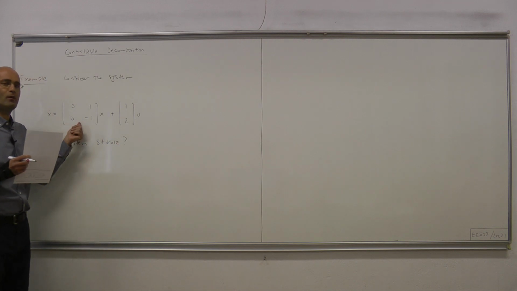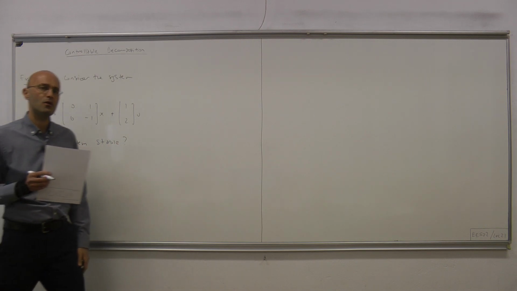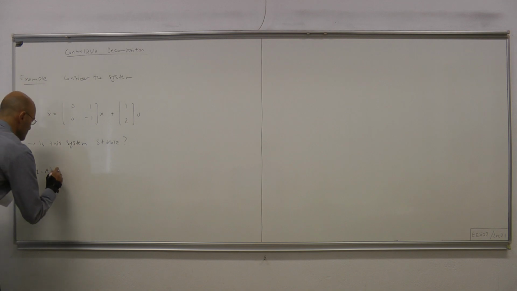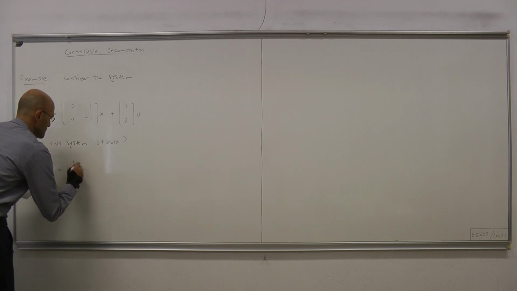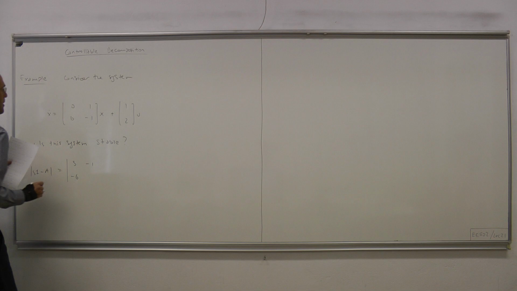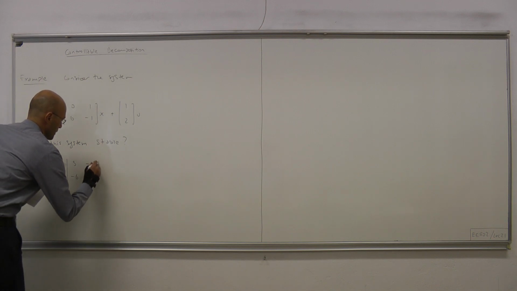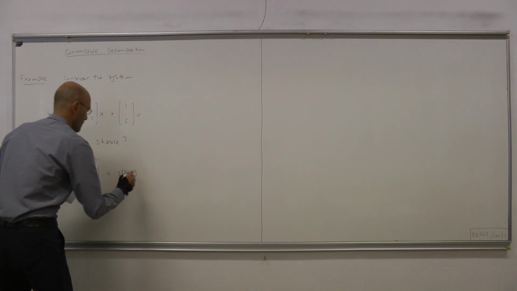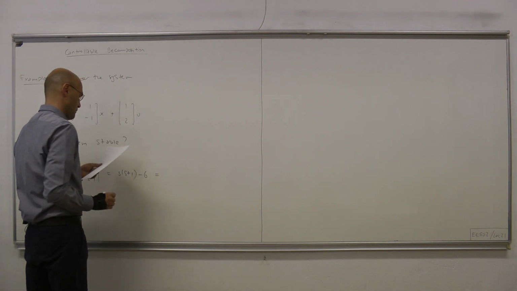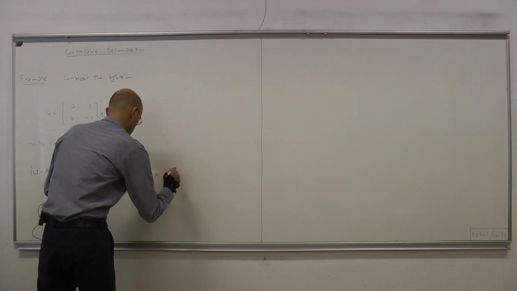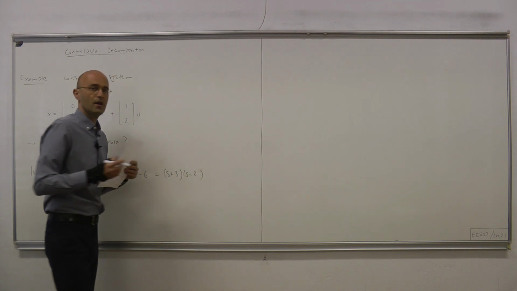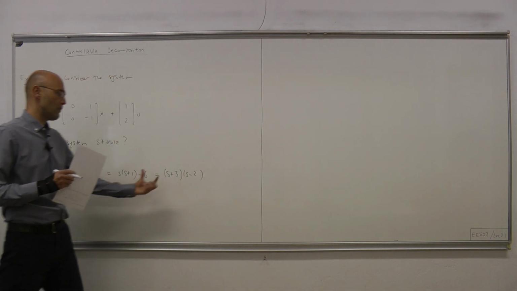For that, all we have to do is check the eigenvalues of the A matrix. So let's do that. The determinant of sI minus A is (s minus 1)... that is, s squared plus s minus 6, which reads (s plus 3)(s minus 2). Both eigenvalues are real.